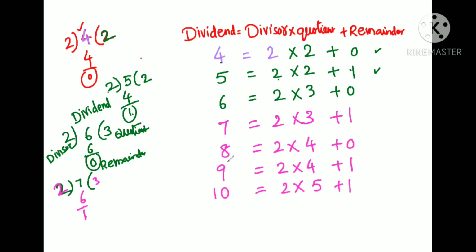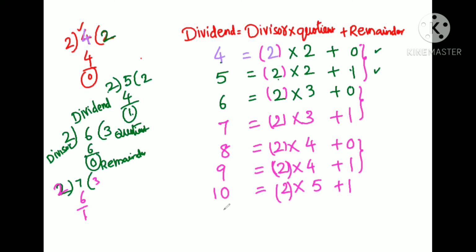By observing all these examples, 4, 5, 6, 7, 8, 9, 10 are dividends, the divisor is 2, and these are quotients and these are remainders. The divisor is constant because we are dividing by 2, the numbers are variables, and the quotients are different, but the remainders are 0 and 1 only.